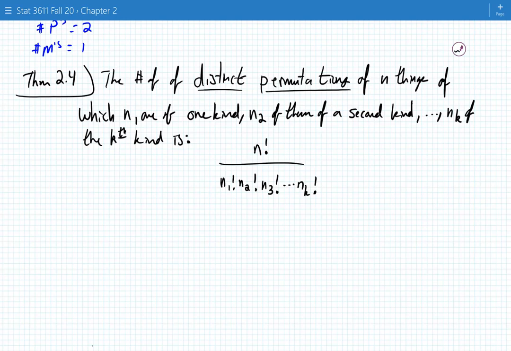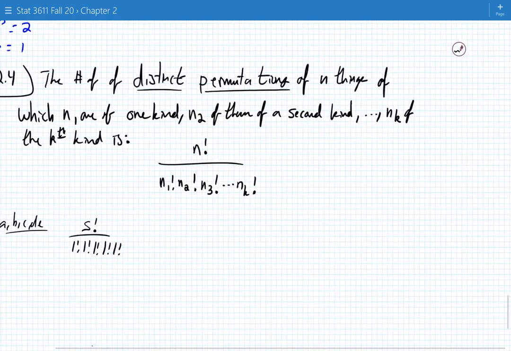Notice that in the general permutation, where you have a set of n distinct objects that are all different, like if I have the letters A, B, C, D, and E, 1, 2, 3, 4, 5 of them, and these are all different. How many ways can I arrange these letters? You'd have 5 factorial. You have 1 A, 1 B, 1 C, 1 D, and 1 E. And 1 factorials are all just 1, so it's just 5 factorial, right?